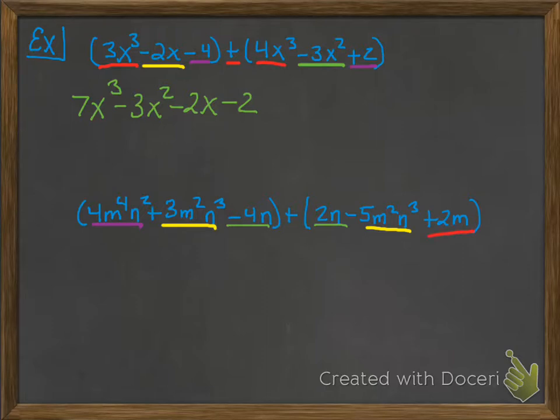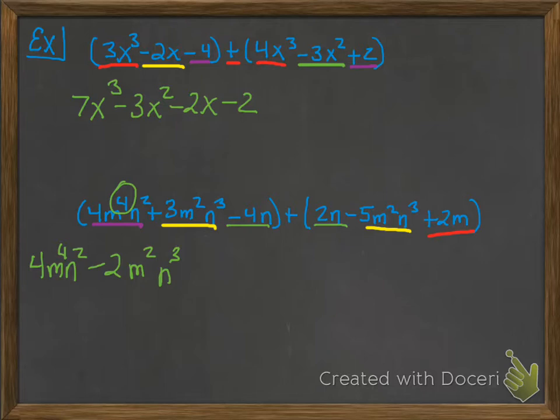with my yellows first. I have a 3 and -5, which makes -2 m squared n cubed. I have one more larger m, so I'm going to put that right in front: m to the 4th n squared.